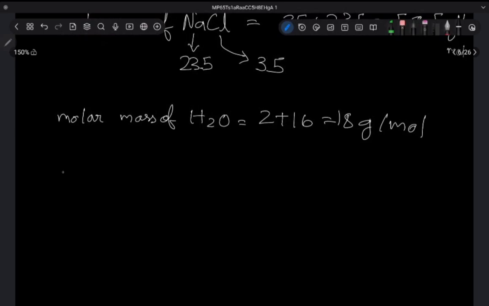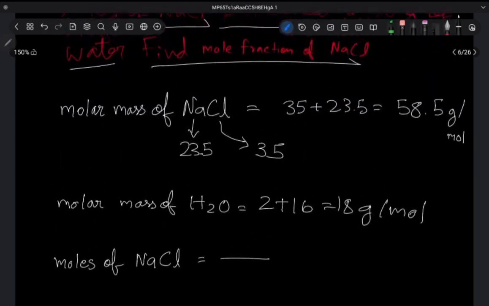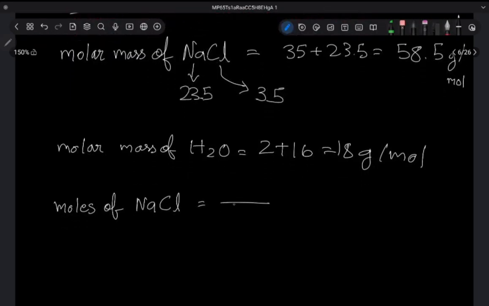So now moles of NaCl, which is given mass 10 gram divided by molar mass, which is 58.5, which is approximately 0.171.